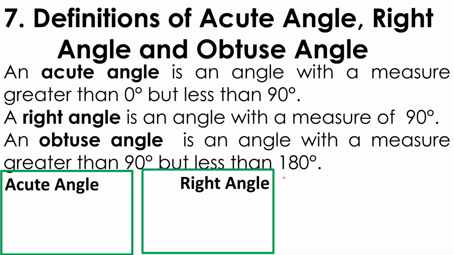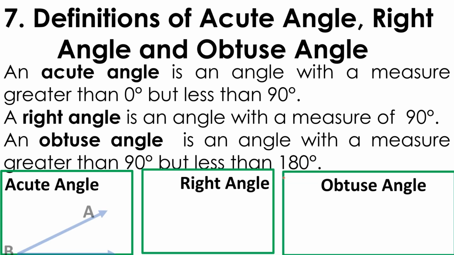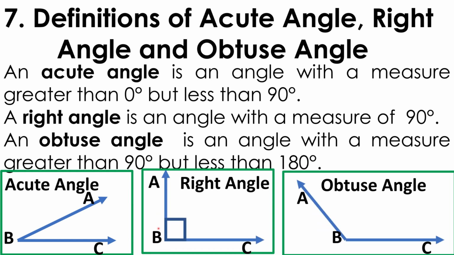Here are their figures. First, this is what we call an acute angle. So the measurement here from ray BA to ray BC is less than 90 degrees. Greater than 0 degrees but less than 90 degrees. While the right angle here has a measurement of exactly 90 degrees.